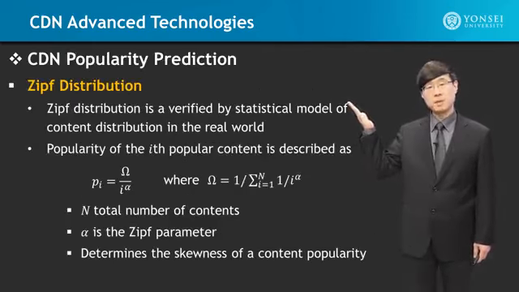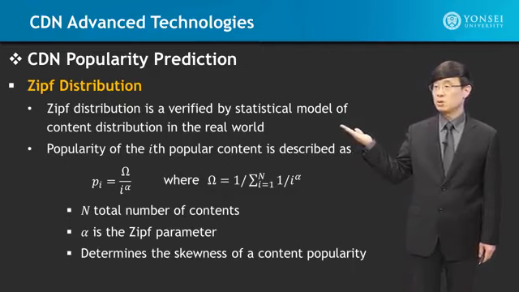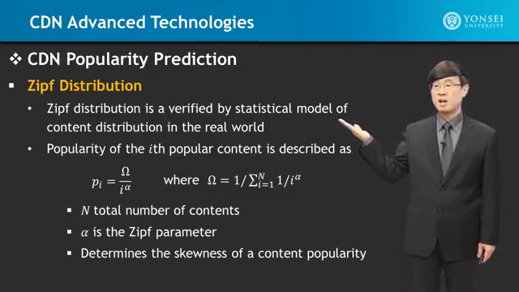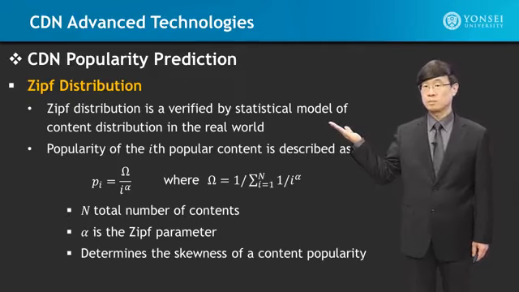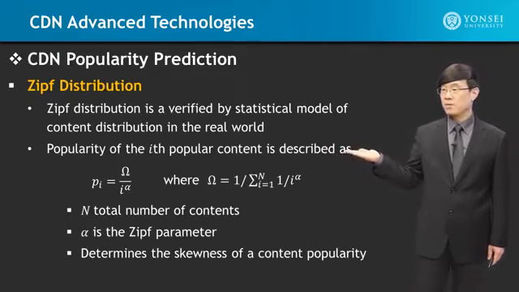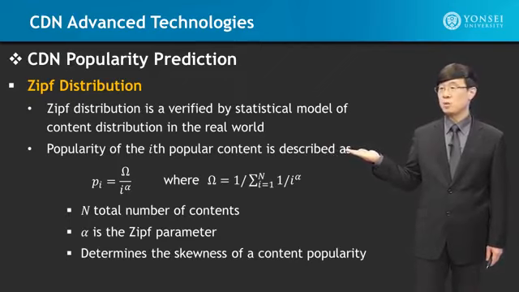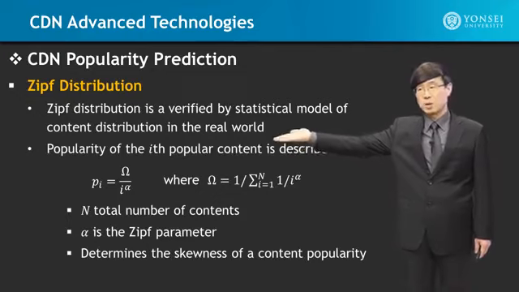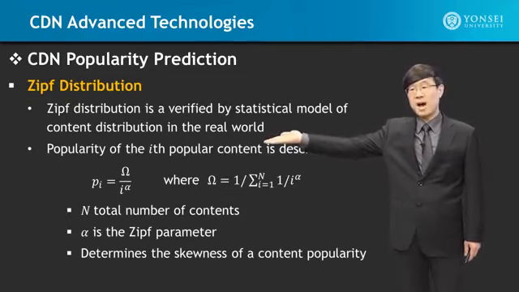The CDN popularity prediction is commonly based on a Zipf distribution. This distribution is used and it is verified through statistical models that are based on content distribution in the real world. The popularity of the ith popular content is described with the Zipf distribution, as you can see down there. The equation has P with a subscript of i, where this equals omega over i to the alpha power.